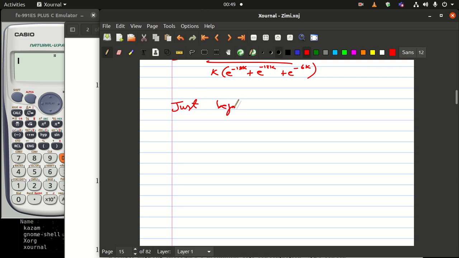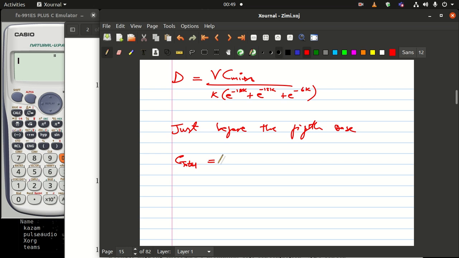Just before the fifth dose, if you continue in the same scenario, you will end up having C total equal to Dk divided by V, times e raised to minus 24k, plus, this is a 4, e raised to minus 18k plus e raised to minus 12k plus e raised to minus 6k.